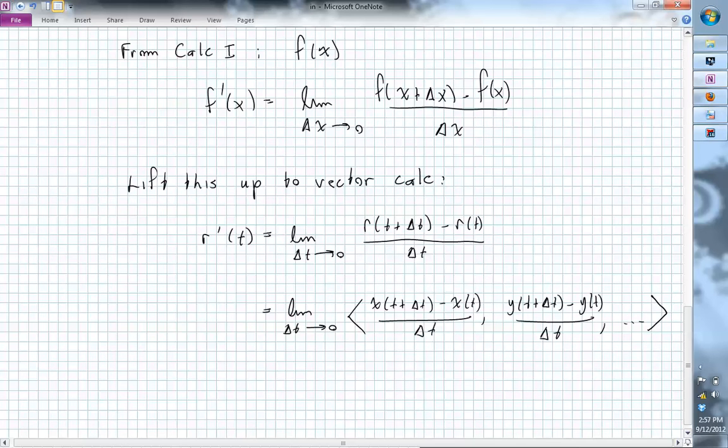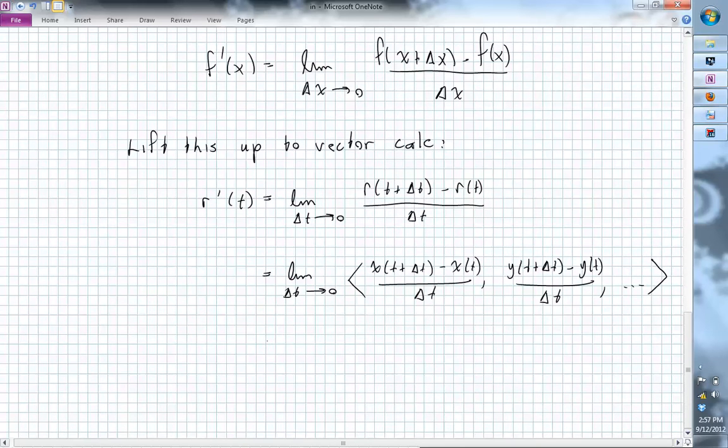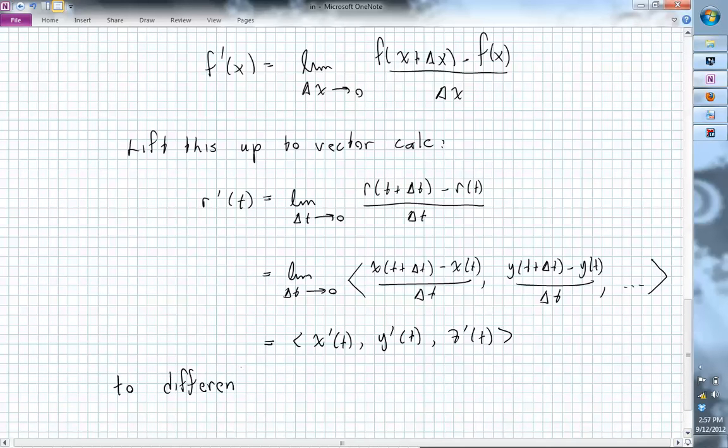And if you look at it, it looks exactly like the Calc 1 difference quotient. So the process is to differentiate r, simply differentiate the components.